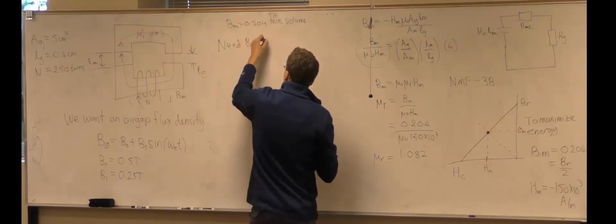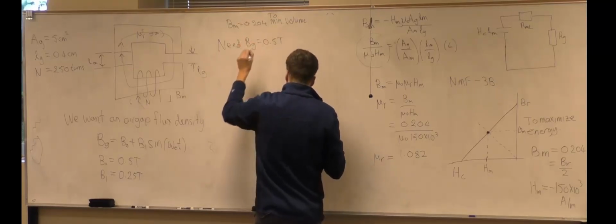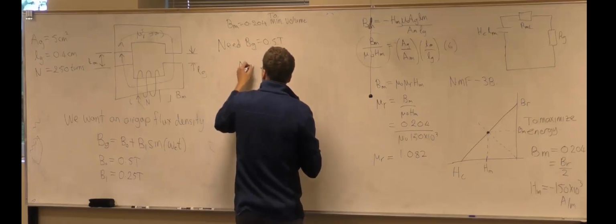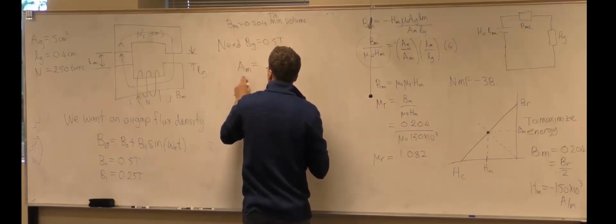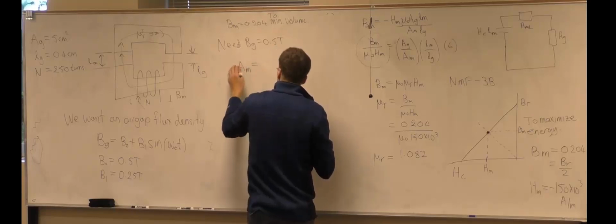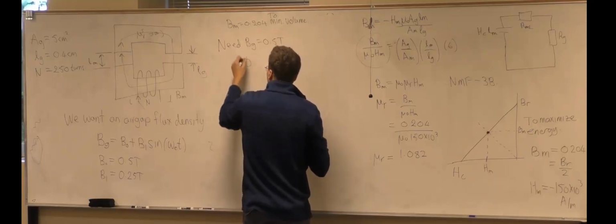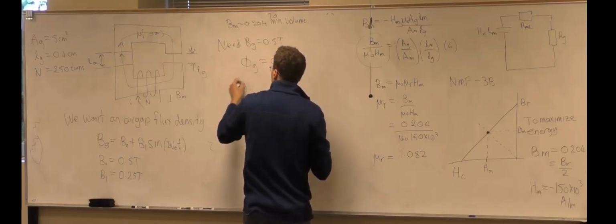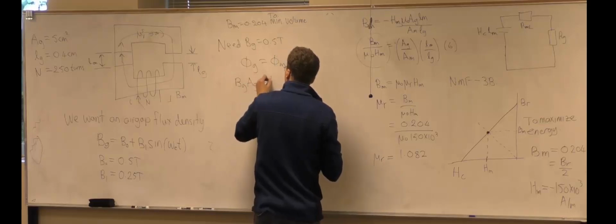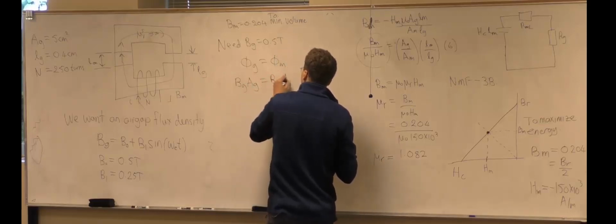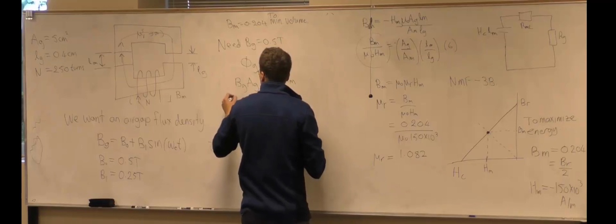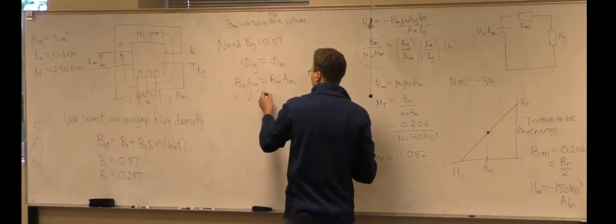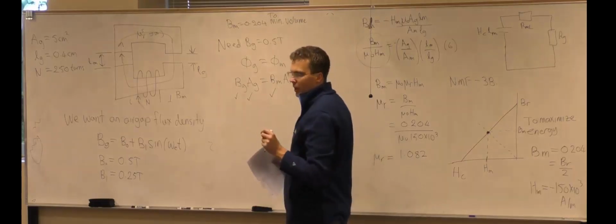So we need BG equal to 0.5 Tesla in the air gap. The only thing we don't really know is the area of the magnet, because we know that flux G is equal to flux M. So we have BG AG is equal to BM AM. We're told what BG is. We're told what AG is. We know what BM should be to maximize the energy.